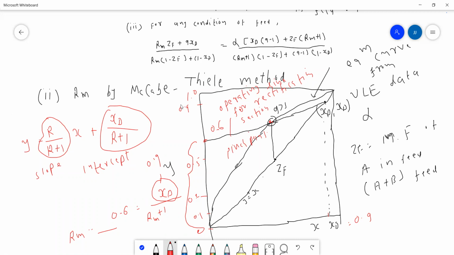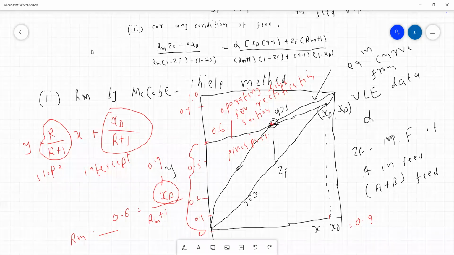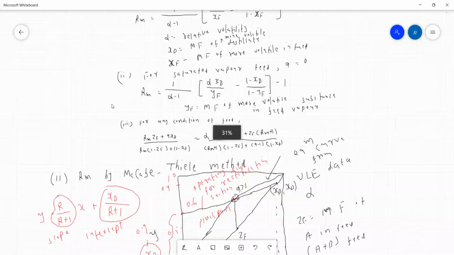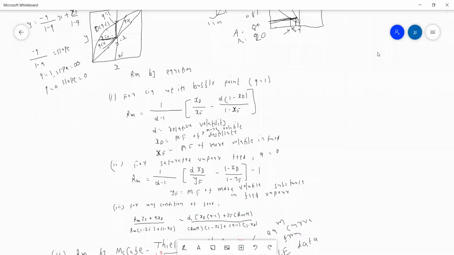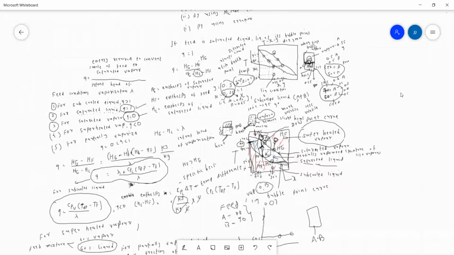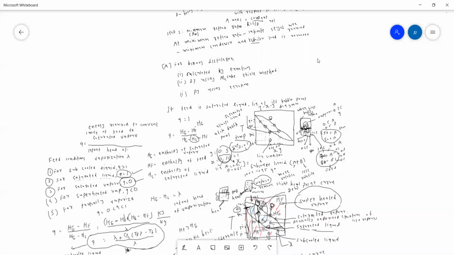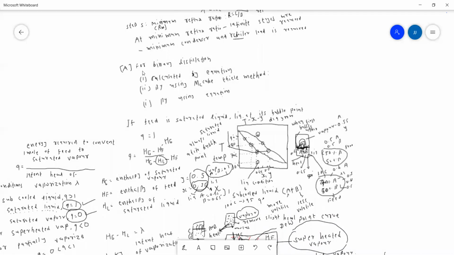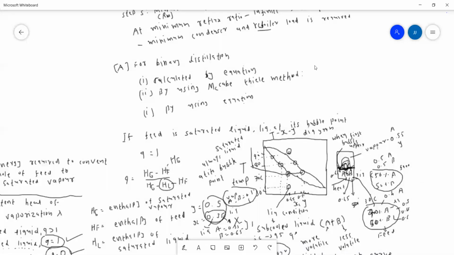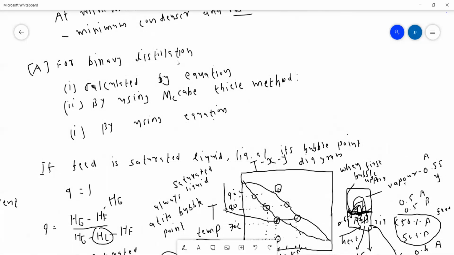So these are the two methods, by equation and by Markov-Thiele, to calculate the minimum reflux ratio. This is only for the binary mixture. This is the determination of minimum reflux ratio only for binary distillation, by calculating with the equation and by using the Markov-Thiele method.